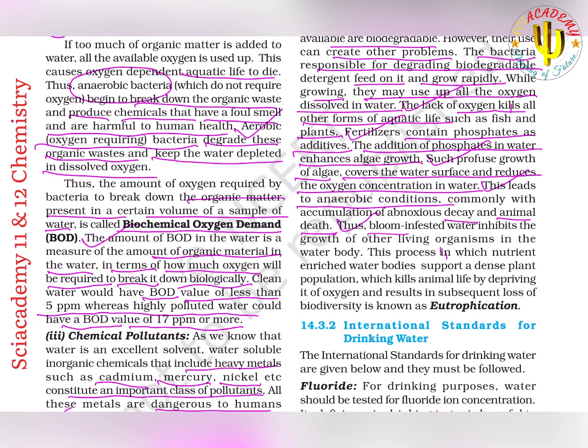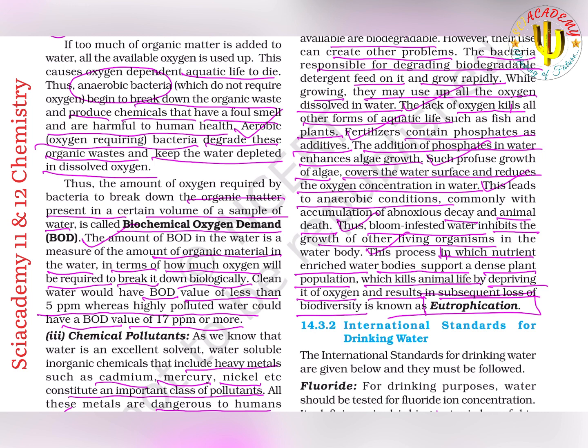Thus, bloom-infested water inhibits the growth of other living organisms in the water body. This process, in which nutrient-enriched water bodies support a dense plant population, which kills animal life by depriving it of oxygen and results in subsequent loss of biodiversity, is known as eutrophication.